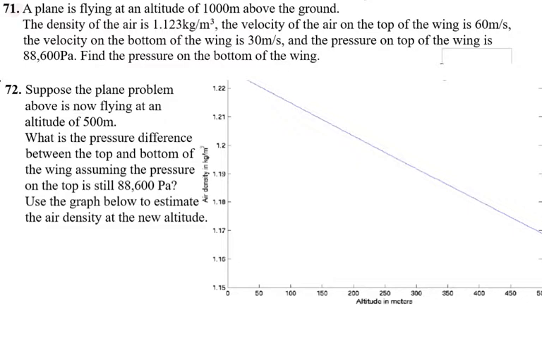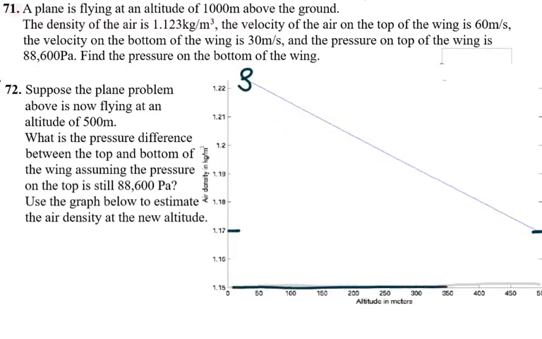So the altitude is given by the horizontal line. So the horizontal line is the altitude. And it is flying at 500 meters. So 500 meters is right there. And that looks like the density is 1.17 at 500 meters. So I have the density and I have the altitude line.